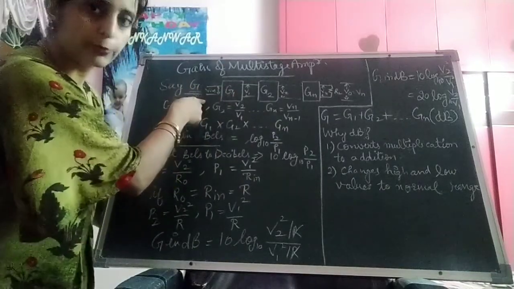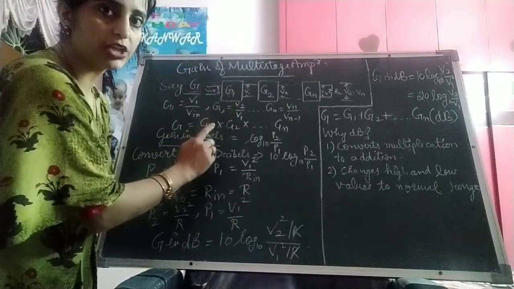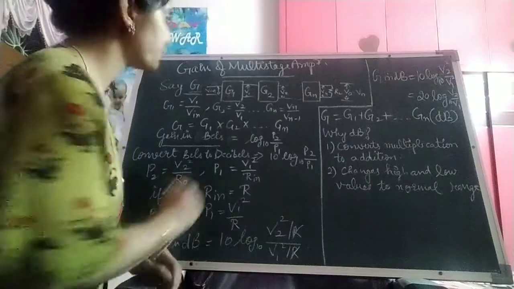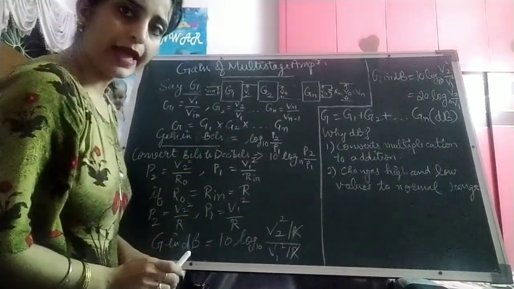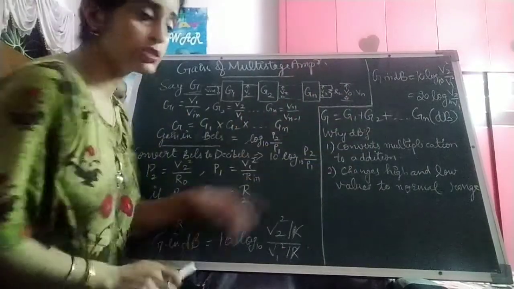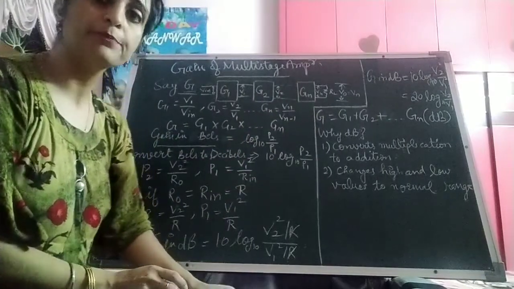Vin is the input, G1 is the gain of the first stage, G2 is the gain of the second stage, and we have n number of stages in which the last stage has a gain of Gn.